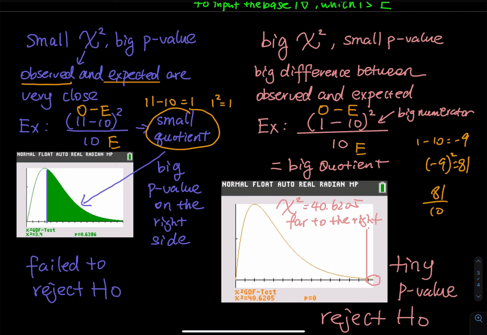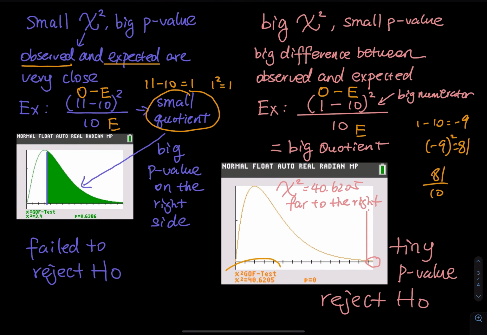So for this one, I gave you another example. The chi-square is 40 something, and 40 point something will push the cut so far to the right. Since this is a right-sided test, the p-value on the right-hand side is very tiny.